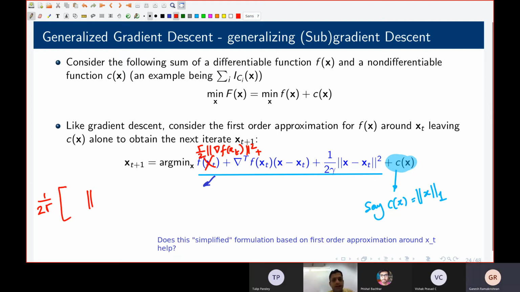Then you'll have gamma square plus a 2 gamma here. If you want, I'll write the whole thing, make it easier for you. So you'll have gamma square norm of the gradient square plus 2 gamma of this dot product plus norm of x minus xt norm square. Whole thing plus cx.